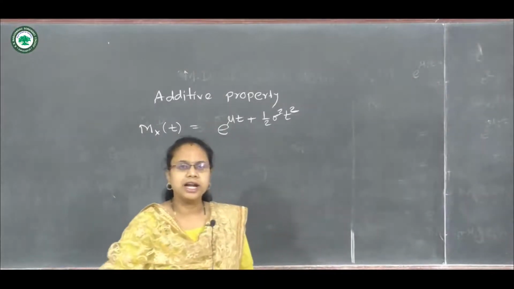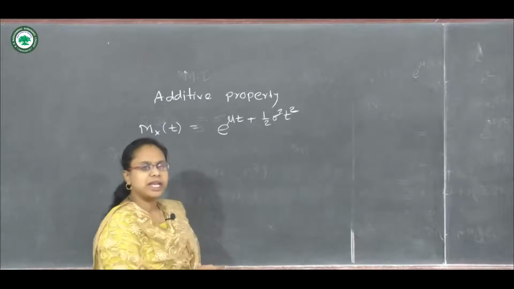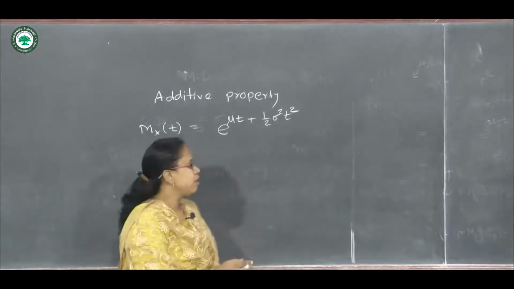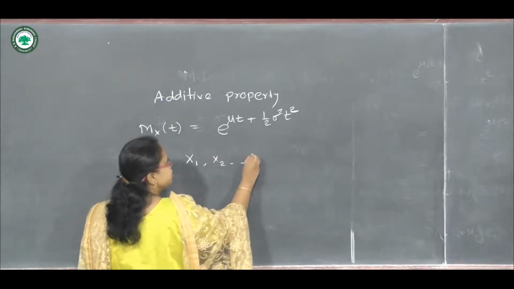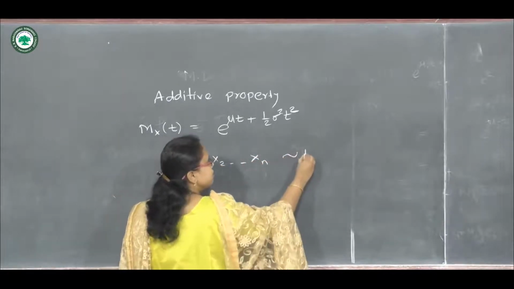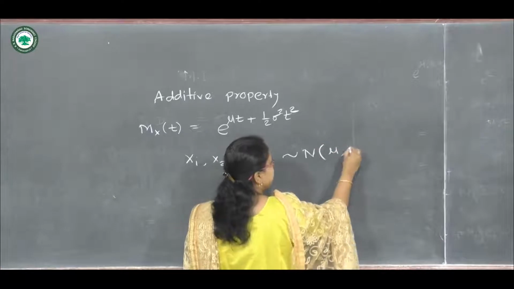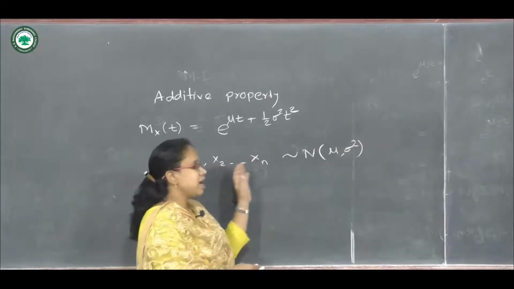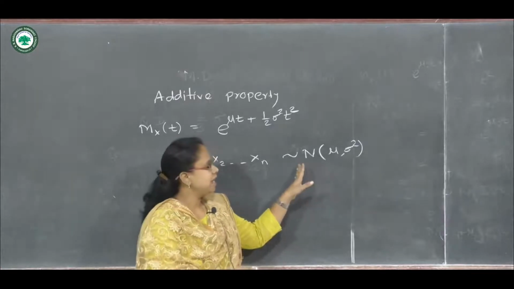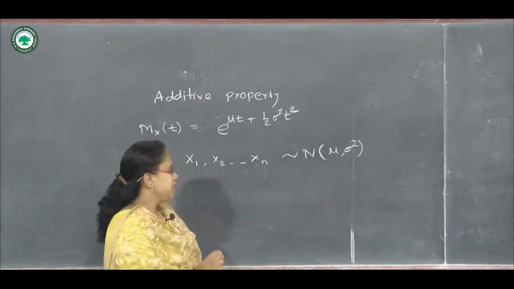Suppose we are given that x1, x2 and so on xn are IID normal variables, which follow normal mu comma sigma square. So here the parameters are the same since they are independent and identically distributed variables.